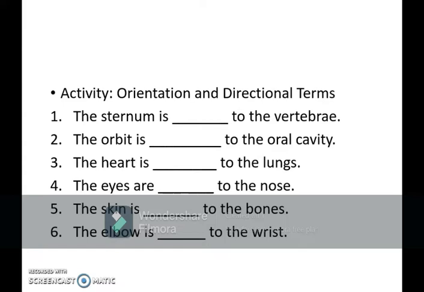Number 2, the orbit is blank to the oral cavity. Number 3, the heart is blank to the lungs. Number 4, the eyes are blank to the nose. Number 5, the skin is blank to the bones. And number 6, the elbow is blank to the wrist. Don't forget to answer this in your Google Classroom.